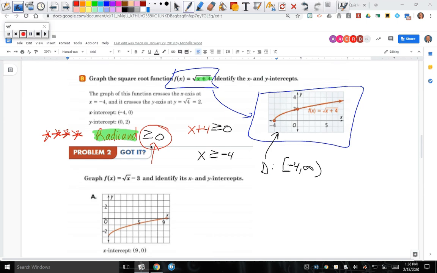A negative number. Can I take the square root of 0? Yeah, 0. Can I take the square root of any positive number? Yes, because that's why on the default square root of x graph, all these positives give me an answer. Okay? Alright, cool. So now let's keep going.